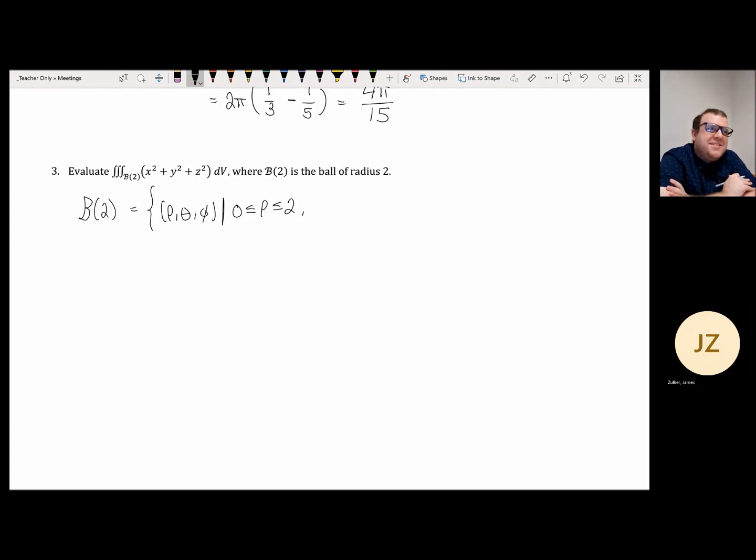Theta is 0 to 2 pi, and phi is negative pi over 2 to pi over 2. You have the right length. Here, pi.